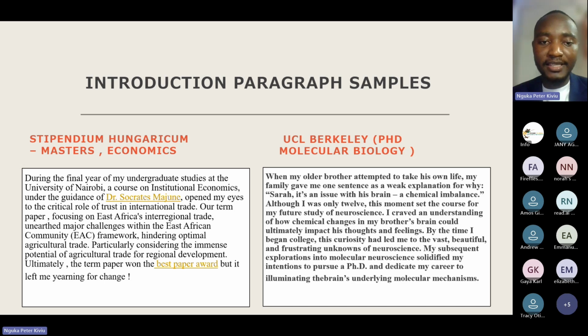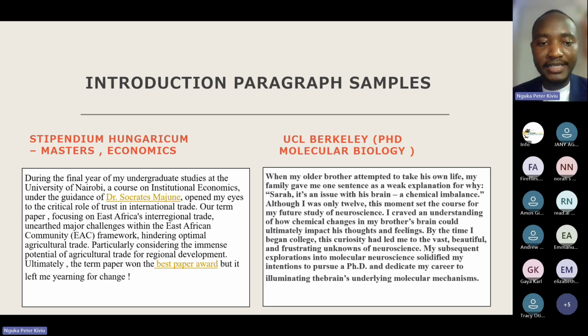Then the second essay that I'll also be taking us through is for somebody at UC Berkeley, a PhD in molecular biology. And what this person did was share his personal story. So in the introduction, he says that when my older brother attempted to take his own life, my family gave me one sentence as a weak explanation for why: it's an issue with his brain, a chemical imbalance. Although I was only 12, this moment set the course for my future study of neuroscience.